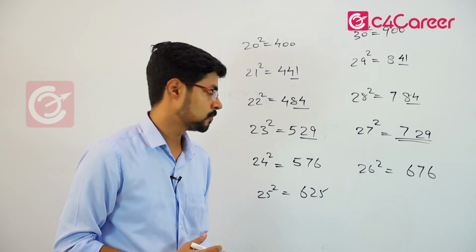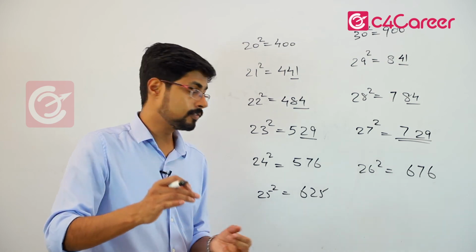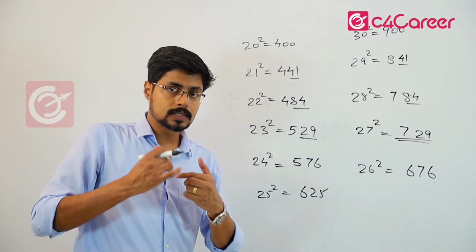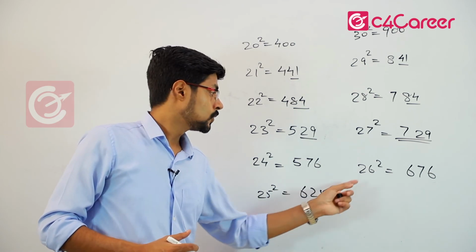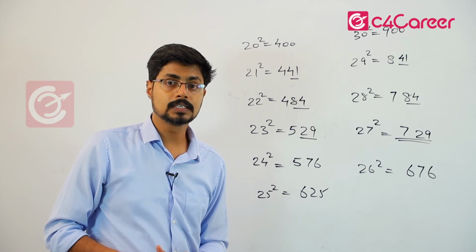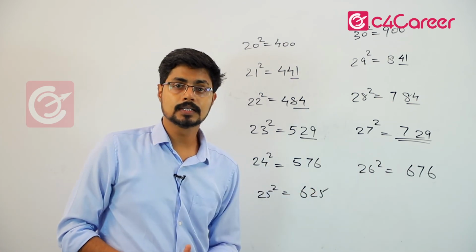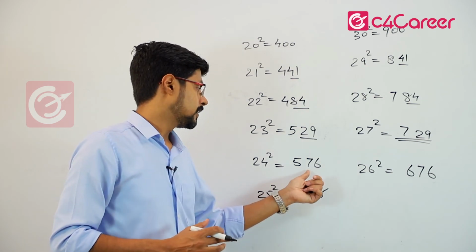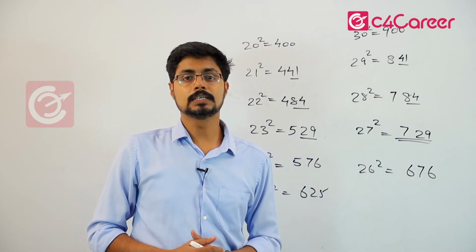This many of us already know. So you should connect with 25 square. 24 square is below that, so 576. 26 square is above 625, so that is 676. So these three you can connect and study: 24 square, 25 square, 26 square, you can tell it as 576, 625 and 676.